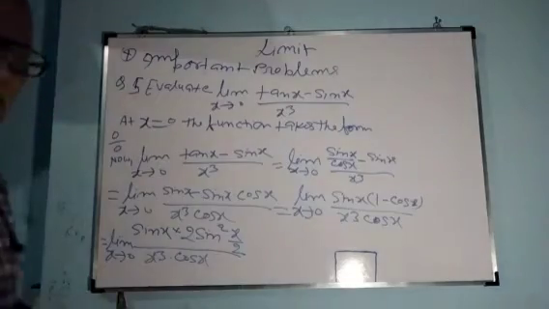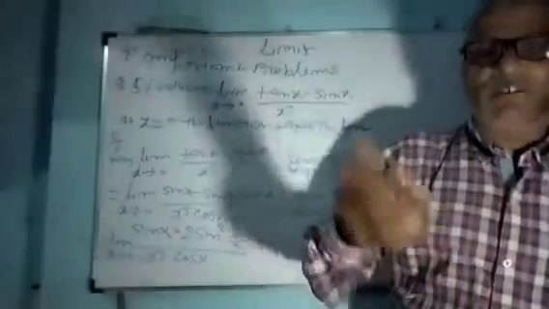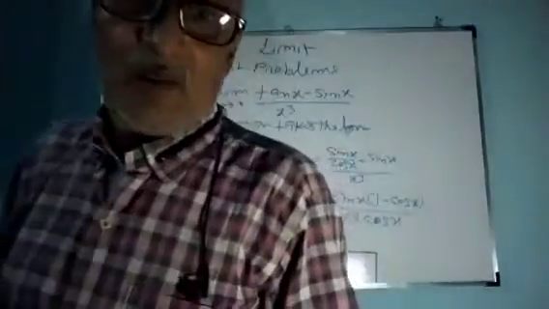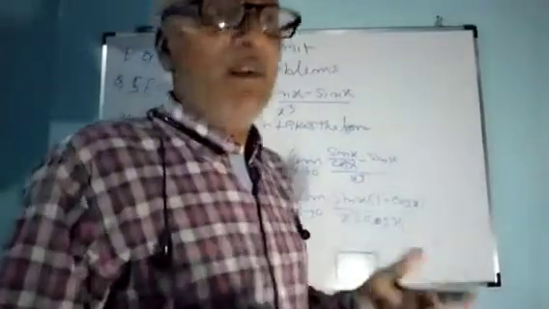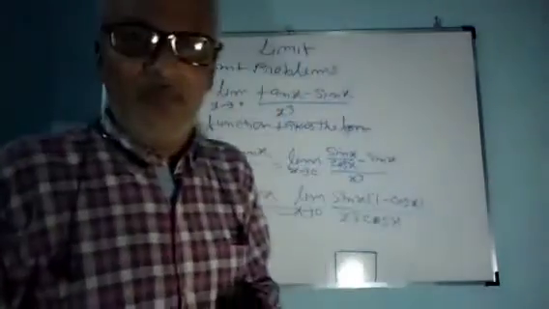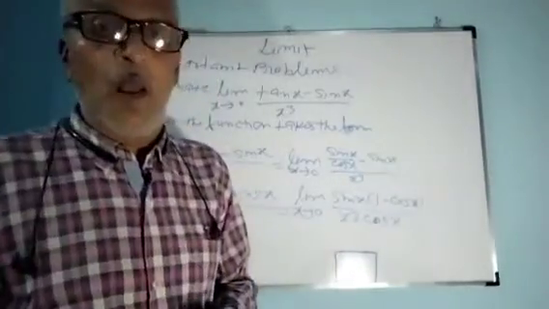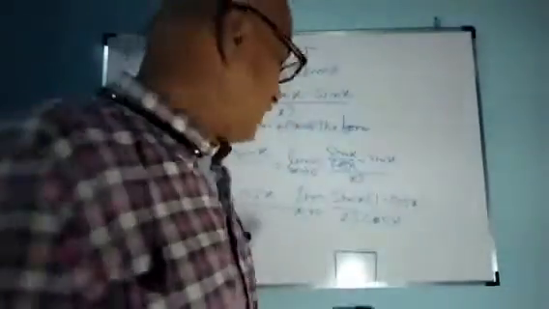We divide or multiply by the same quantity, and this process helps us to obtain the appropriate destination. This is called a mathematical trick. Now let us see.